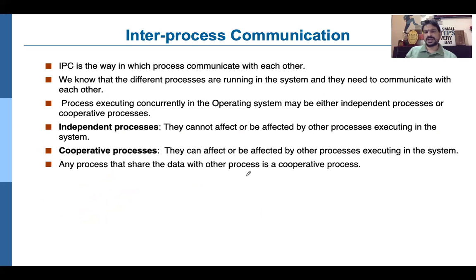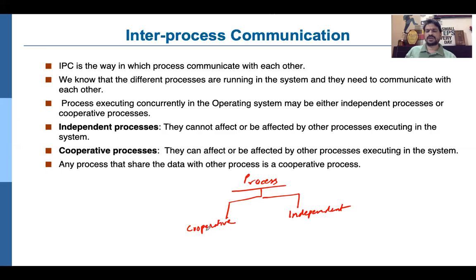So any process running in the system is of two categories. One category is called cooperative, and another category is called independent.